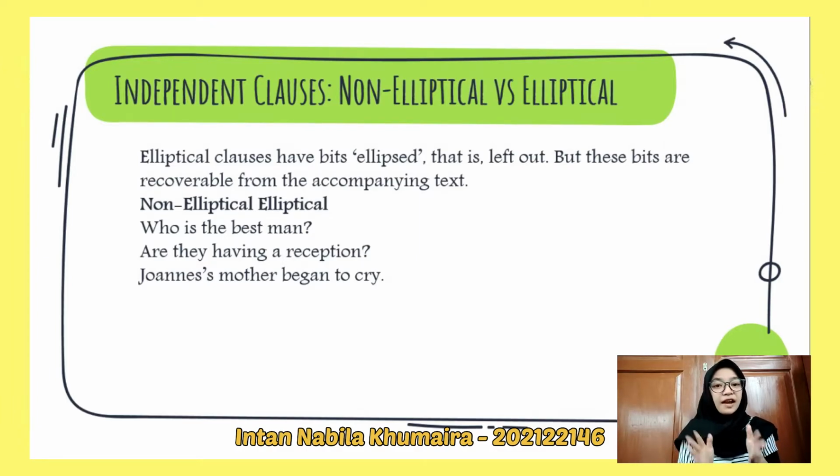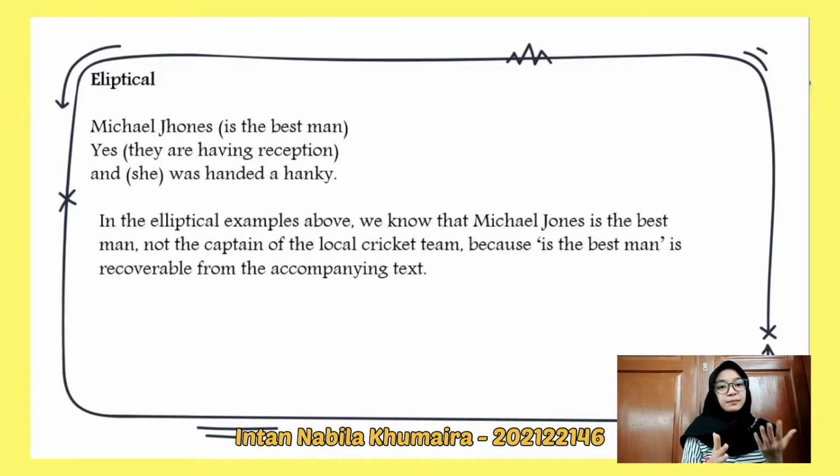Yes, they are having a reception. John's mother began to cry and she was handed a hanky. In the elliptical example above, we know that Michael Jones is the best man, not the captain of the local cricket team, because is the best man is recoverable from the accompanying text.